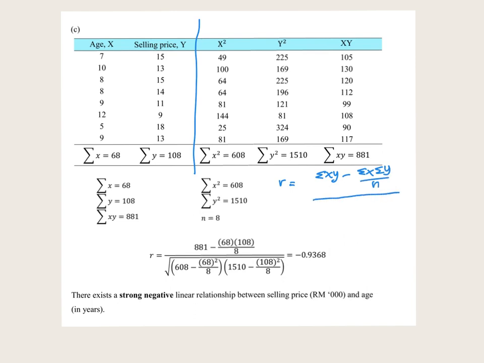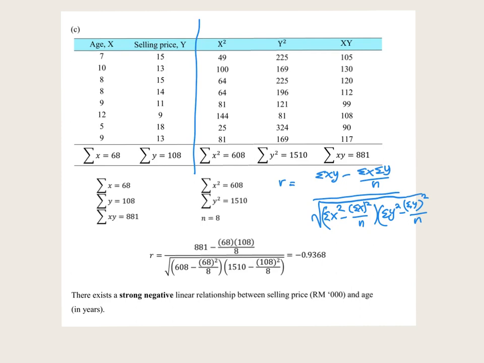Then you divide by the square root of summation x squared minus summation x, all squared, divided by n, multiplied by summation y squared minus summation y, all squared, divided by n.